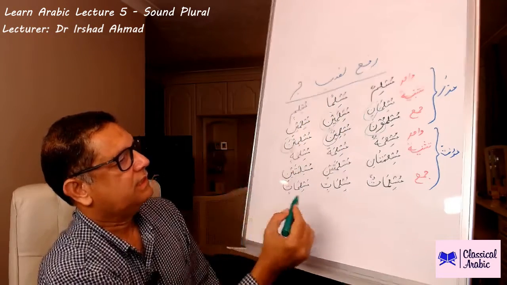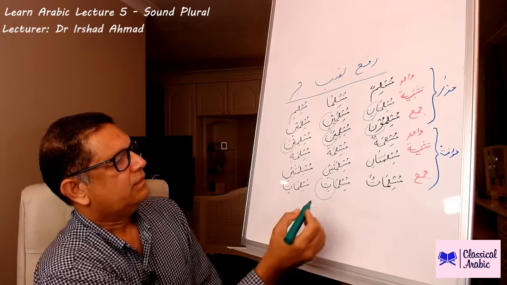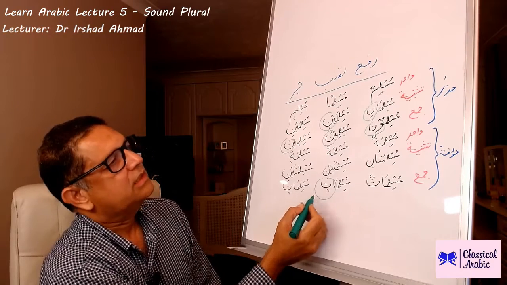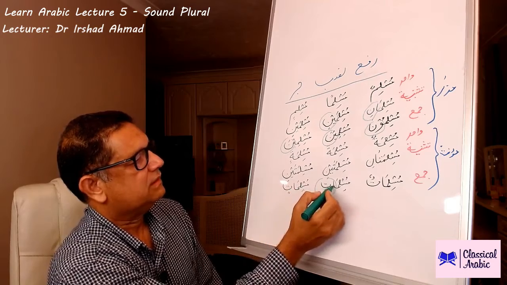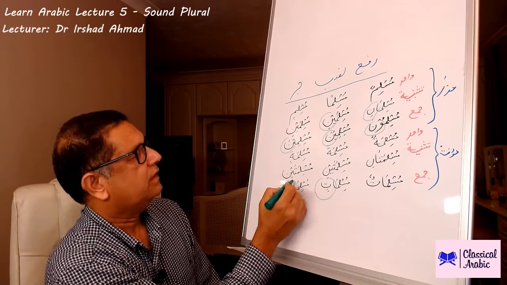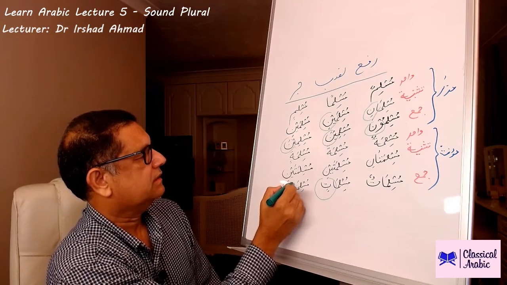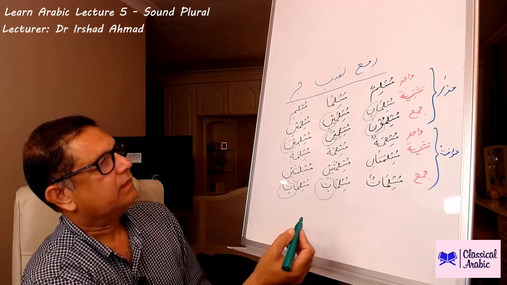Now if we have become stuck in our mind that dhamma means rafa and fatha is representing nasab and kasra is jar, then we will have problem here. For example, muslimatin, this is kasra, but this is not nasab, this is jar, and this is nasab. So nasab and jar are looking the same.